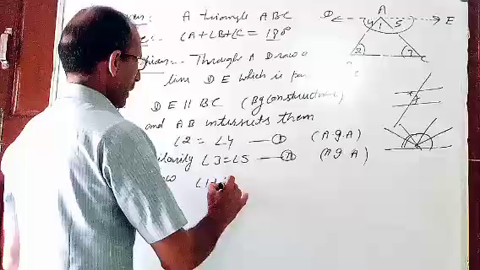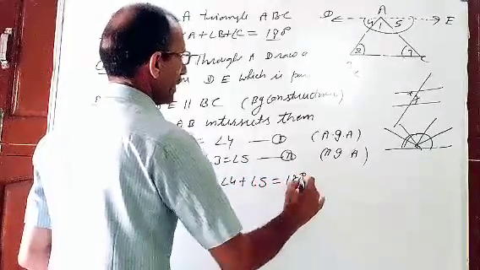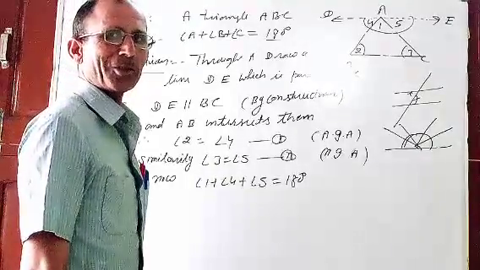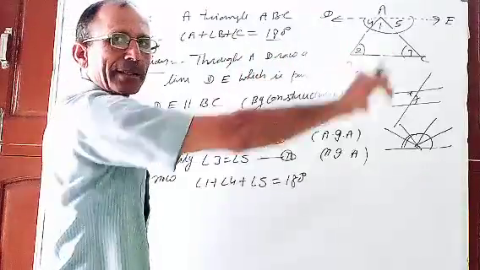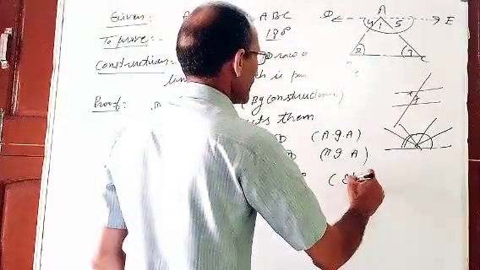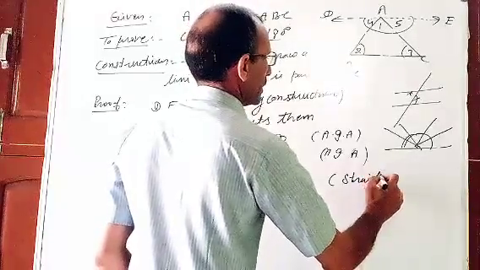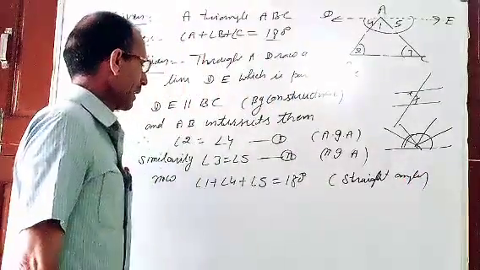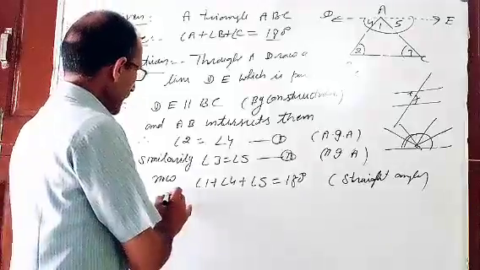Angle 1 plus angle 4 plus angle 5 is equal to 180 degrees. I have written this. Is it right or wrong? Yes, right, because this is a straight angle. So give the reason: straight angle.